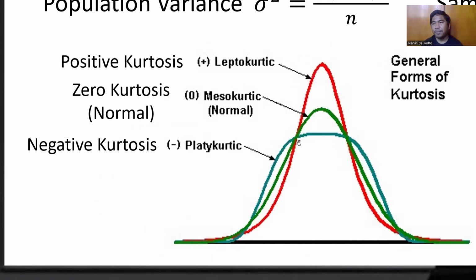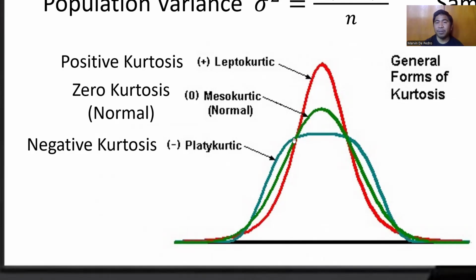For example, in an exam out of 100, if 50 is the average, then many students got scores between 50 and 60, and many also between 40 and 50. So we can say the majority of the students got a score of between 40 and 60 only.